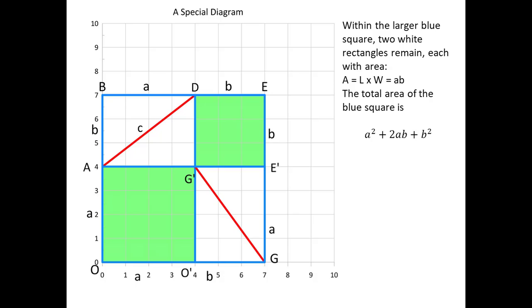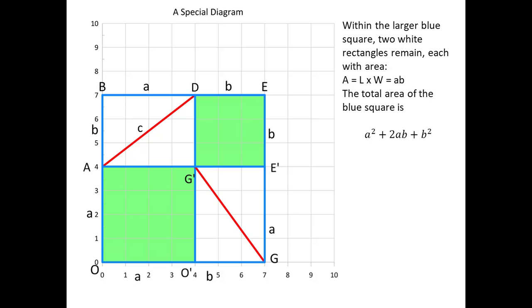Now within the larger blue square, we have the two white rectangles that remain in this configuration. They have area length times width of a times b, and notice the sides on these white rectangles inside the blue square are a and b.